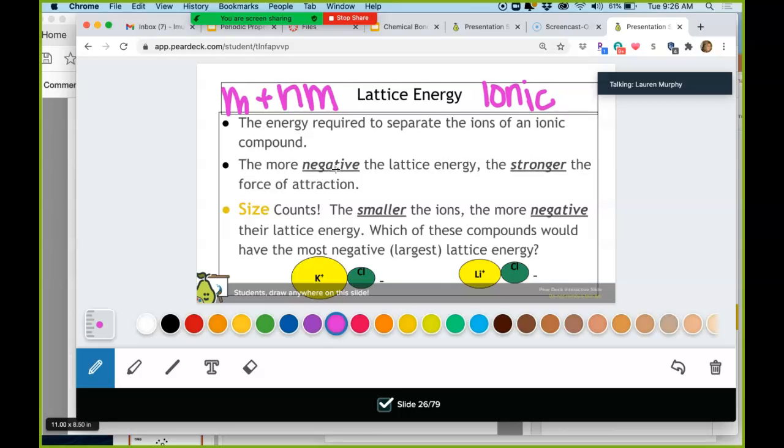I'll give you an example of negative lattice energies later, but the more negative the lattice energy, the stronger the force of attraction. So what holds them together is charge. The positive and negative attraction is what holds ionic bonds together, okay?